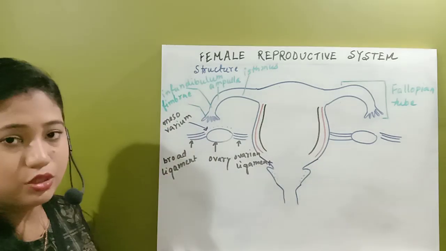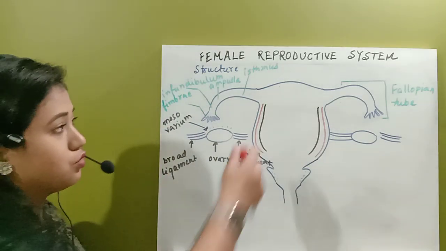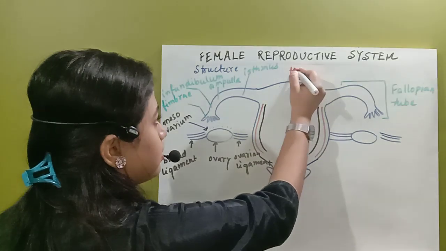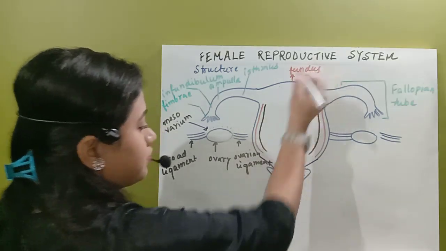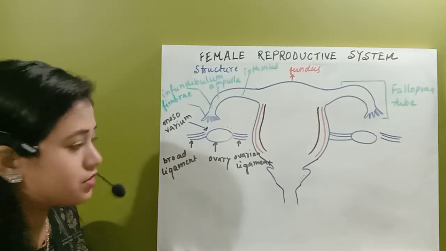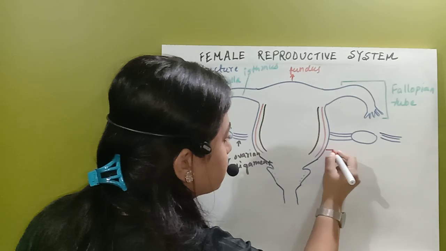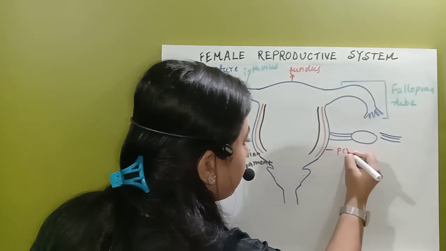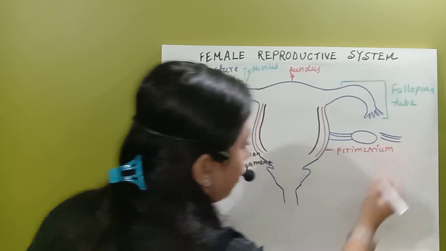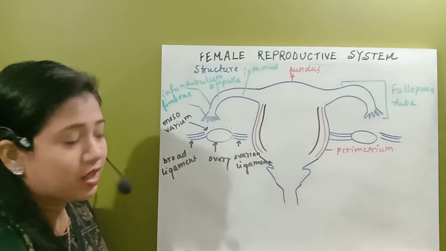Then after that, the uterus. This uterine horn region, we can call it the fundus. After that, this uterus has three linings or three membranes. The outermost lining is named the perimetrium, which is a visceral peritoneum.